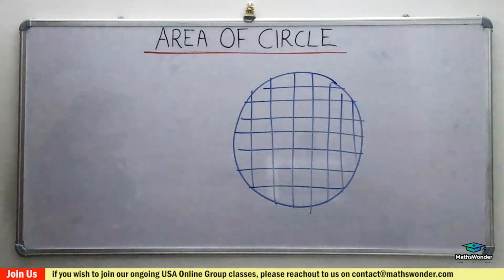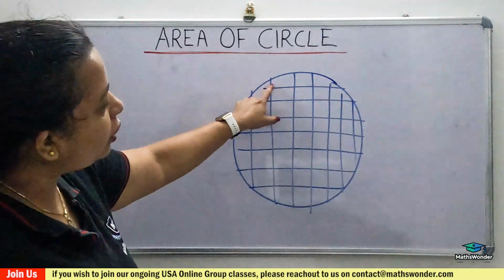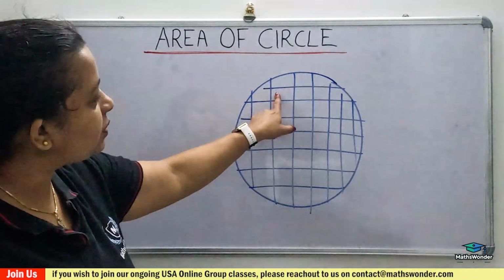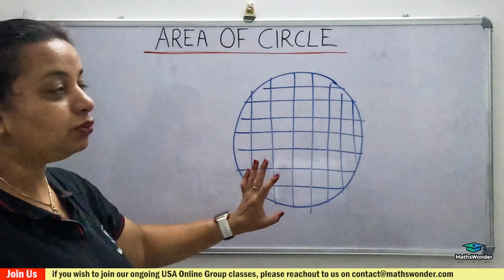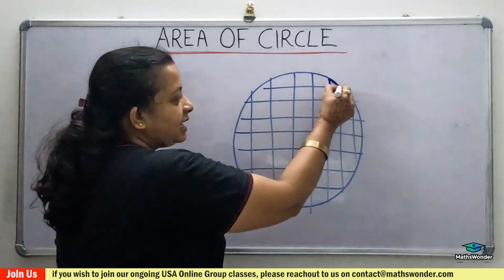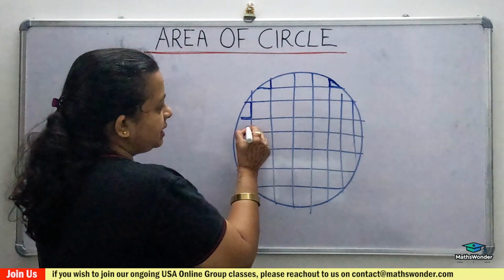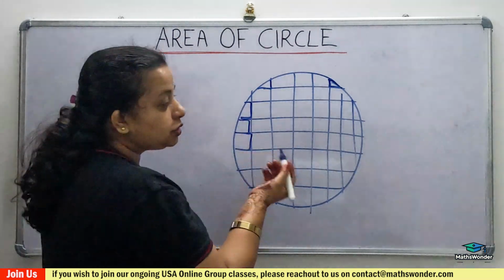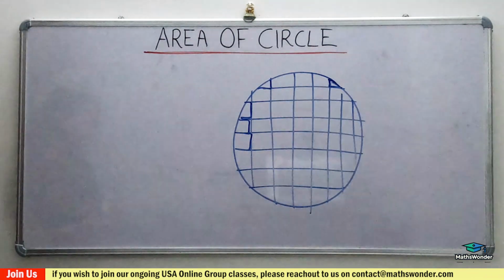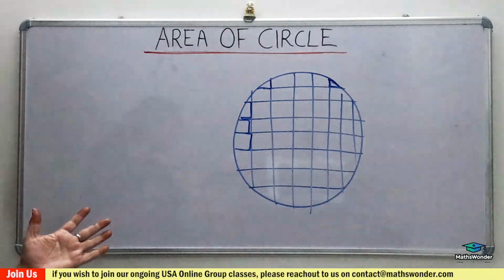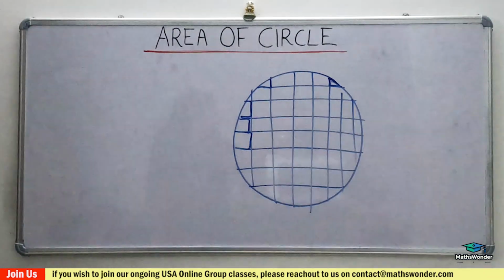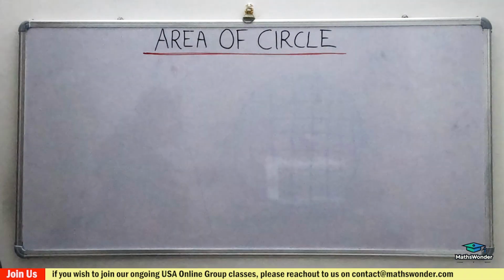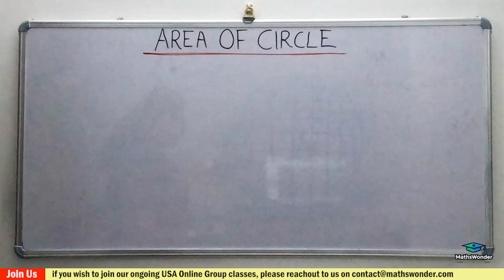This edge you can easily count, like this: 1, 2, 3, 4, 5, 6, 7, 8, 9, 10. But if you look at the edges, there are small squares, sometimes 3/4 square. It's not easy to find the area by this method. So there is another way of finding the area of a circle that will work perfectly.